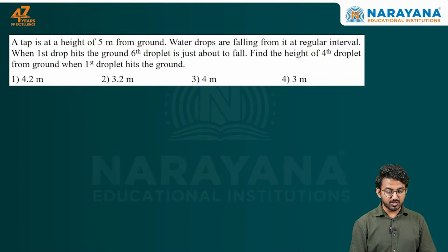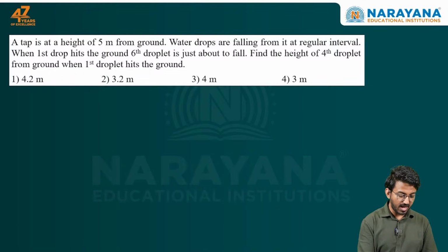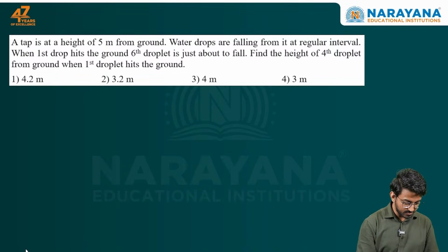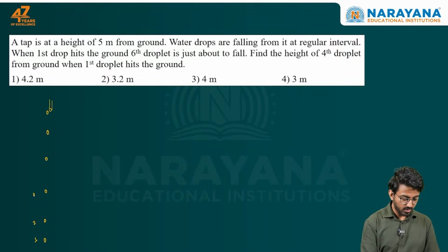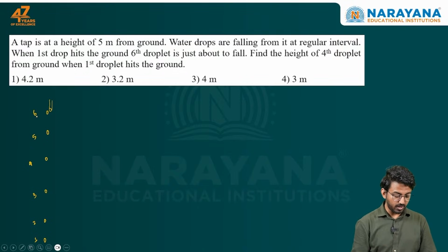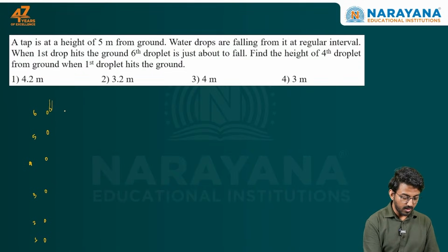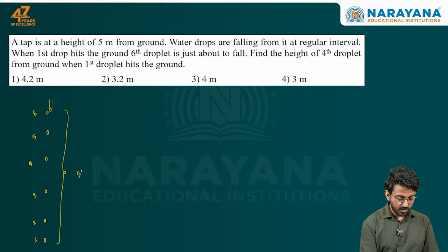So the first question is based on gravity and water droplets falling from a tap. So imagine here that we have a certain tap and water droplets are coming from it, and they are suggesting that one drop is just about to fall, and apart from them 5 more drops have fallen till now. 1, 2, 3, 4, 5 and 6 is just about to fall here, and the height given here is 5 meter.